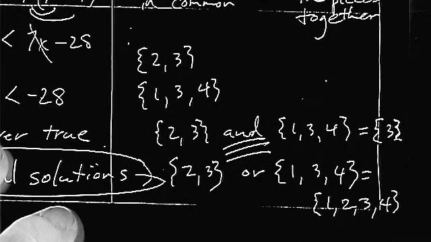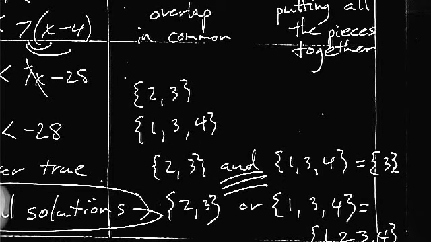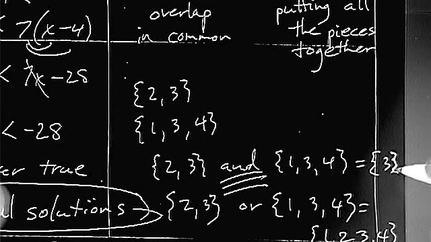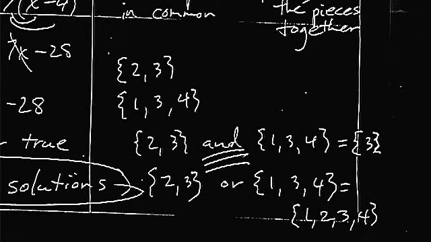This is the group that's called the union, or, ironically we use the word or, I'm putting all the pieces together. So overlap, putting all the pieces together. Now, we're going to do that with much bigger sets, so we won't be identifying them by individual numbers. I just wanted to give you an example of something small to work with that might make more sense.